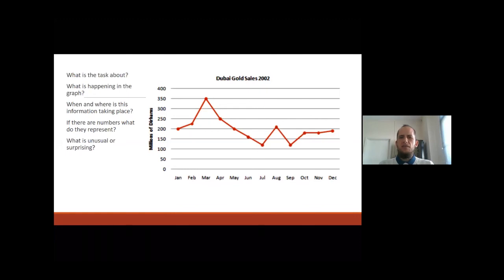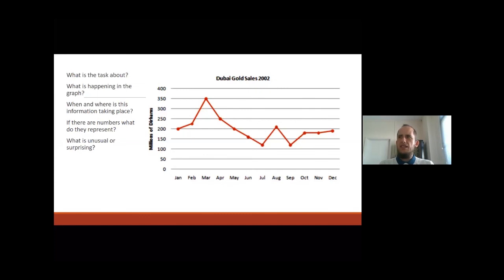It's the earned money. Yeah, so somebody's selling gold in Dubai, and how much money are they earning? And they're earning in millions. So a very profitable business, it seems, unless everybody's doing it, of course. But many people are buying gold. In fact, in Dubai, 200 million, whatever their currency is, being sold.